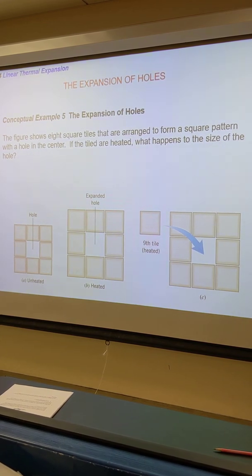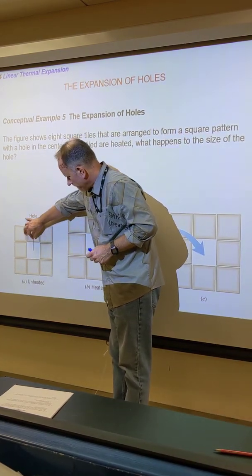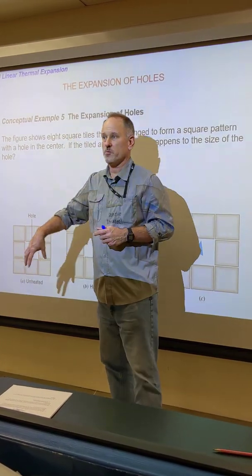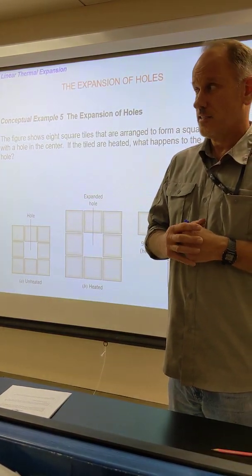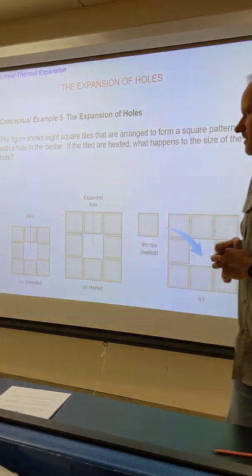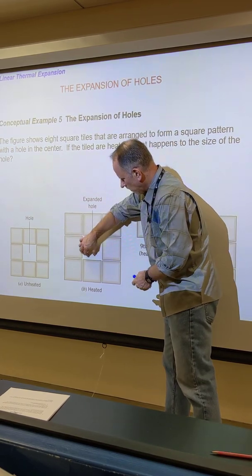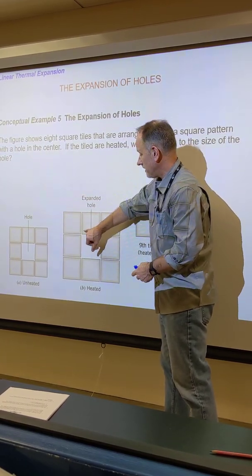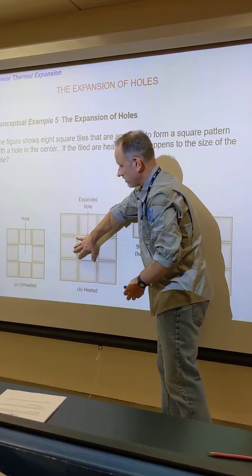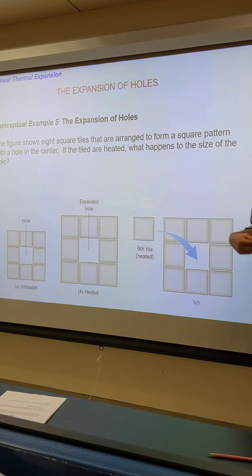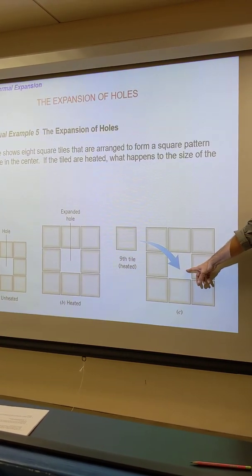When you do that, you might think that these tiles would expand into the hole and the hole would become smaller. That's actually not the case. If you heat up this constellation of tiles, this hole will expand. As these things grow, they'll grow this way and this way, and they'll create a hole that would behave as if there was actually a 9th tile in the middle.